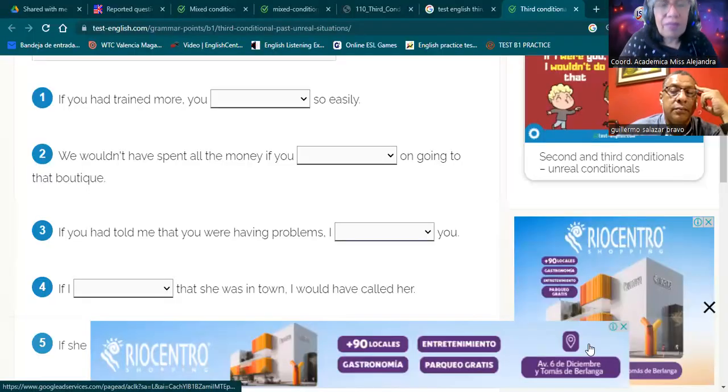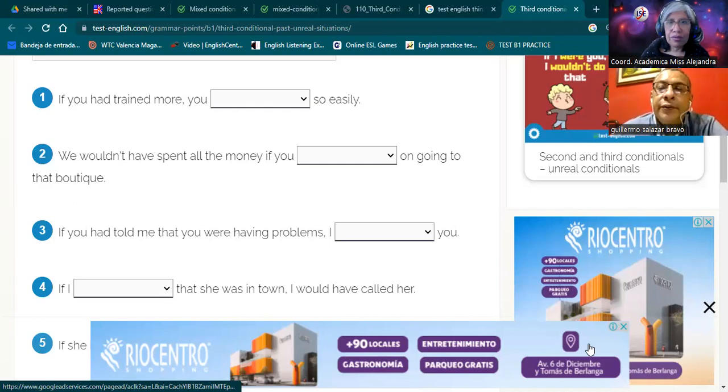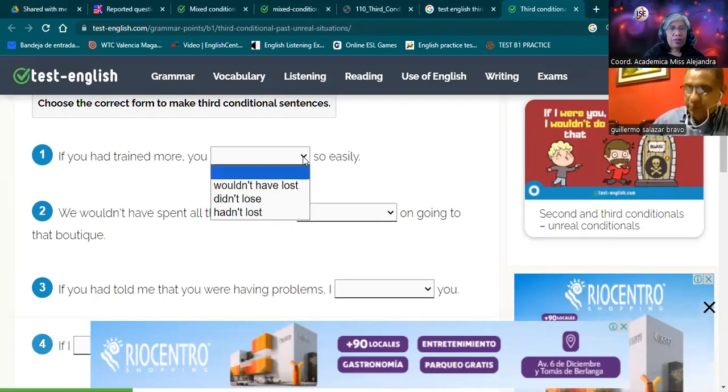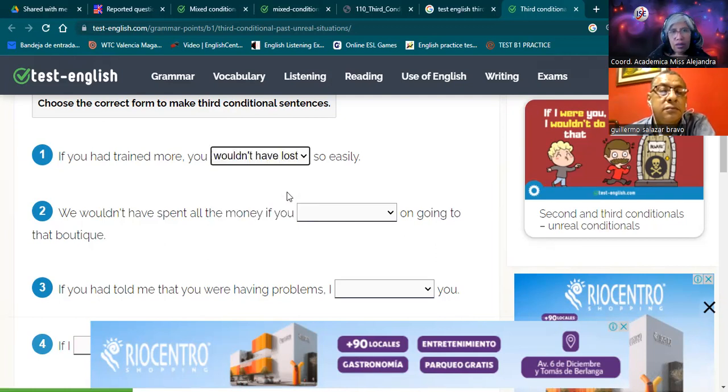Okay, so, if you had trained more, you wouldn't have lost. You wouldn't have lost. Okay, so you didn't train, so you didn't do anything.